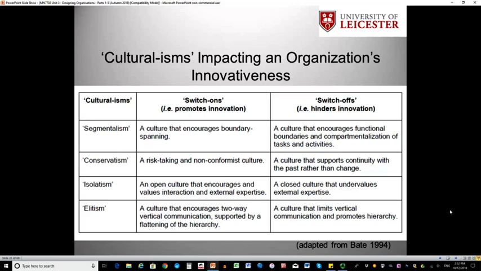So let's go quickly through this then. In the first one we can see the dimension of segmentalism. We see that a culture that encourages boundary spanning is going to promote innovation, and that's something that we've already talked about, and a culture that discourages functional boundaries and crossing.